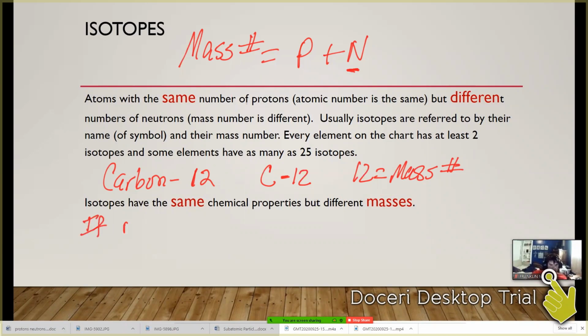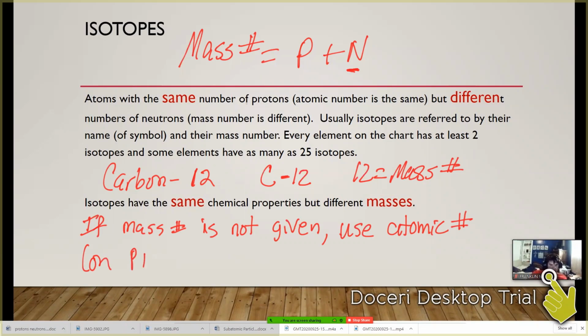If the mass number is not given, use the atomic mass, which is on the periodic table, and round to the closest whole number.